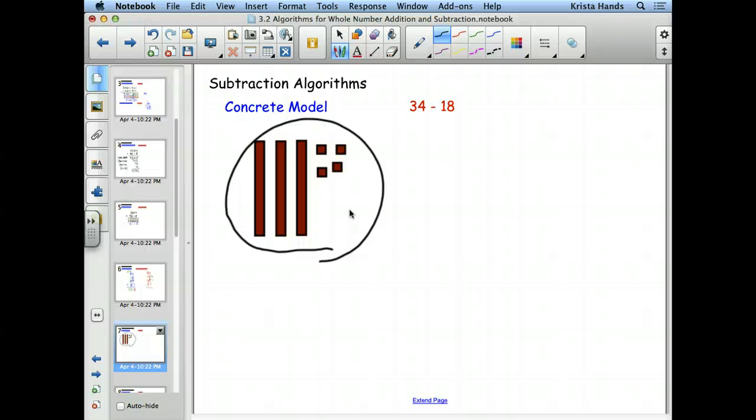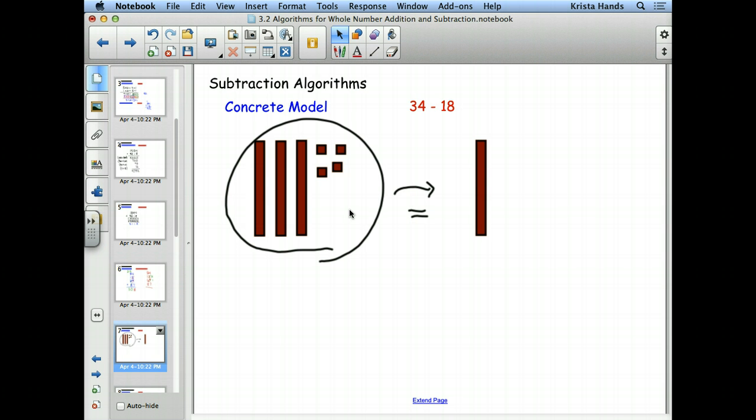Awesome. So my next picture, and this is an equivalent picture, is going to have the same value, but I'm not going to have 3 longs. I'm only going to have 2. And I'm not going to have 4 units, although I'm going to start out with 4. How many am I going to have? I should have the same 4 plus 10 more, so I should have 14.